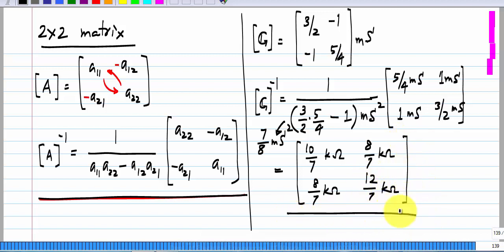And this is what I used. I multiplied the current source vector with this to get the node voltages. So for a 3 by 3 matrix, you can similarly calculate the inverse by calculating the determinant of the matrix and various submatrices. You can look at any standard textbook for this.